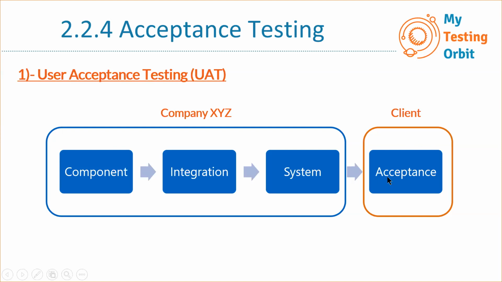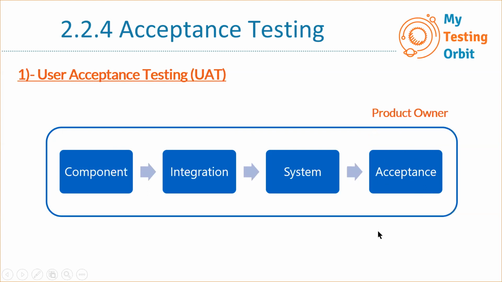If all goes well, then it can be approved for usage. Otherwise, feedback will be given back to the company if there are any issues or something is missed in the requirements which were agreed earlier. So this is one scenario where user acceptance testing is done. In this case, the client is the user.